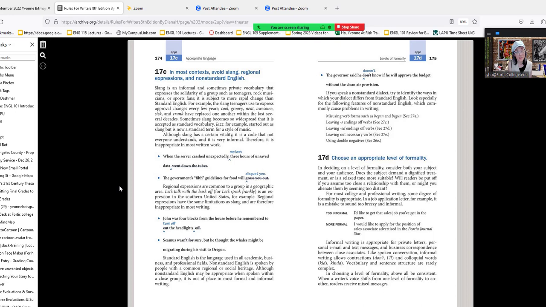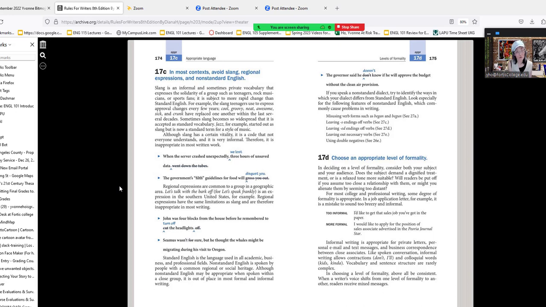For most college and professional writing, some degree of formality is appropriate. In a job application, for example, it is a mistake to sound breezy and informal. "I'd like to get that sales job you've got in the paper." No one's going to hire you if you talk too informal.